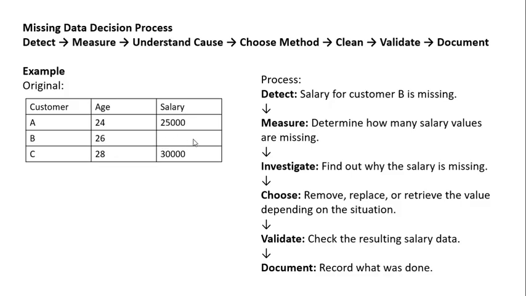The process is: detect, first detect that the salary for a customer is missing. Measure, determine how many salary values are missing. Investigate, find out why the salary is missing. Choose, either remove, replace, or retrieve the values depending on the situation.